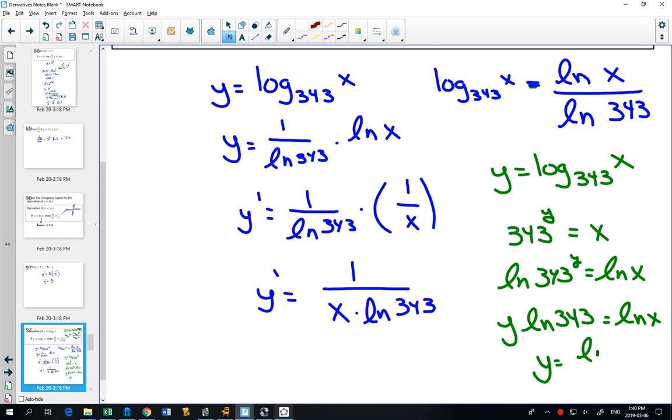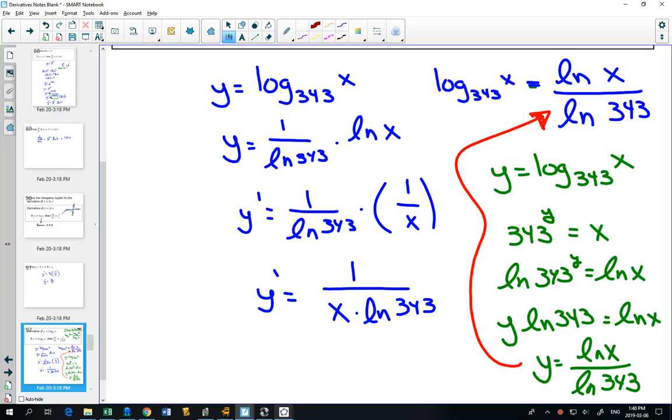Divide both sides by the natural log of 343, and we get the same thing that we got before with the change of base theorem. The change of base theorem did it directly. This was using my definition of a logarithm, changing it to exponential form, solving for y by taking the log of both sides.